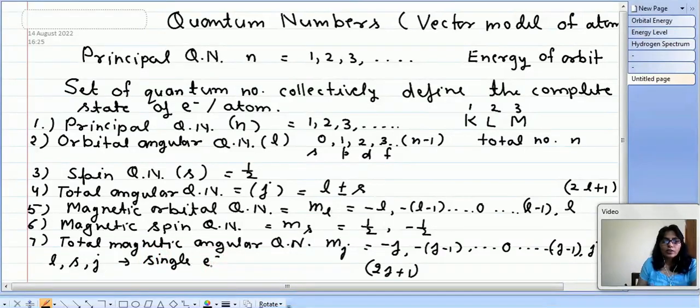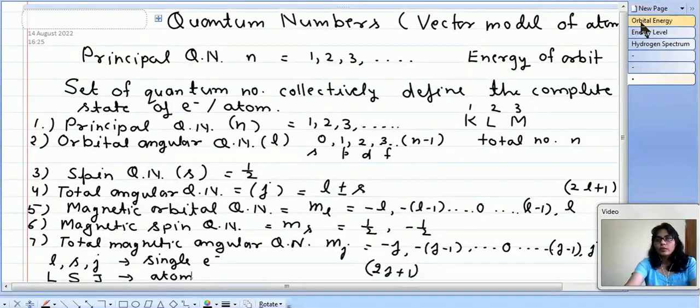For a single electron, we denote the quantum numbers by small letters, and whenever we write them as capital letters, meaning capital S, L, capital J, then this is for the atom. Means now we have added the quantum numbers of two electrons for the atom. So the small letters denote the quantum number for a single electron, whereas the capital letters denote the quantum number for the whole atom.